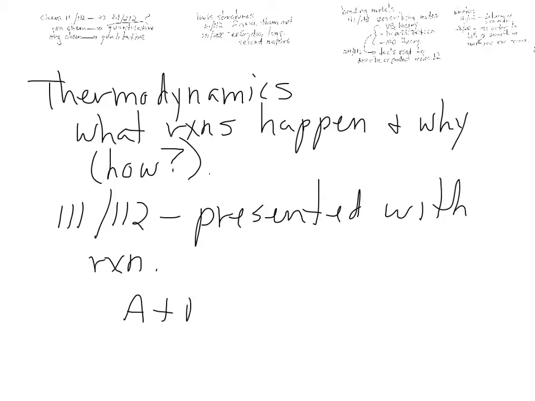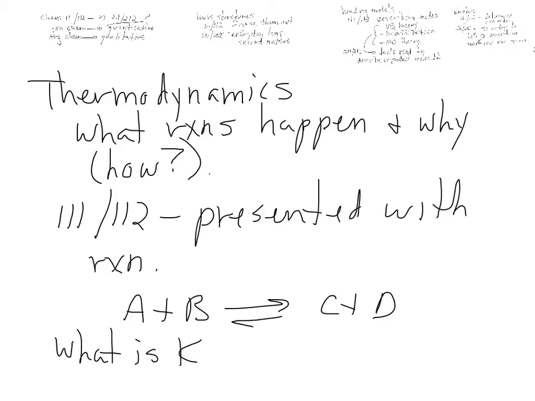Let's say A plus B goes to C plus D. That would be a whole reaction. You might be asked something then like, what is the equilibrium constant for that reaction? And to determine that, you would look up some values in a table and then do a calculation.